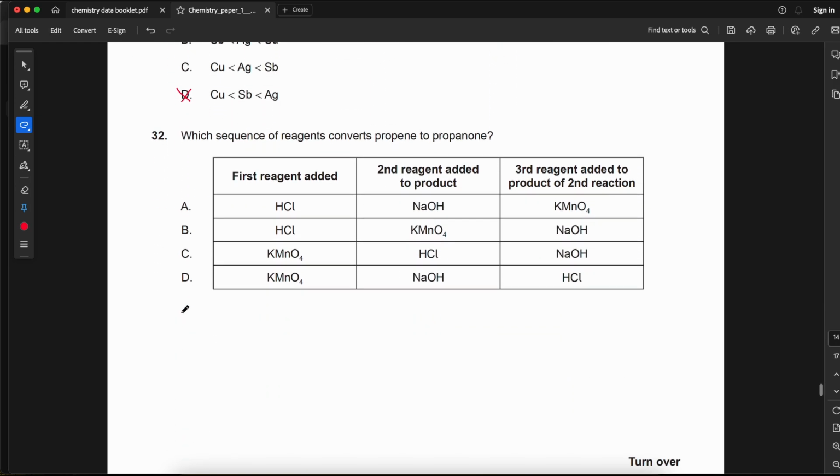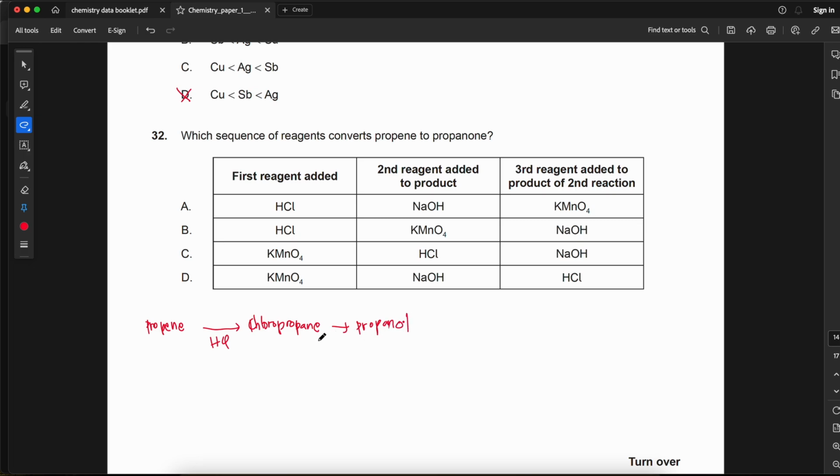Which sequence of reagents converts propene to propanol? Okay, so for propene, before propanol, we need to use HCl to produce chloropropane. And then from this we will produce propanol.